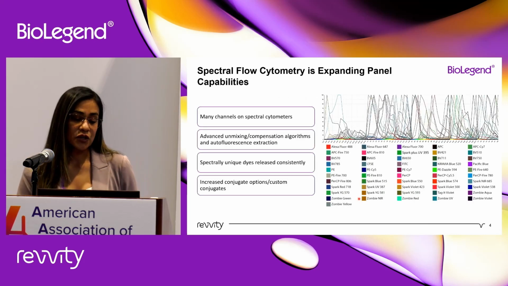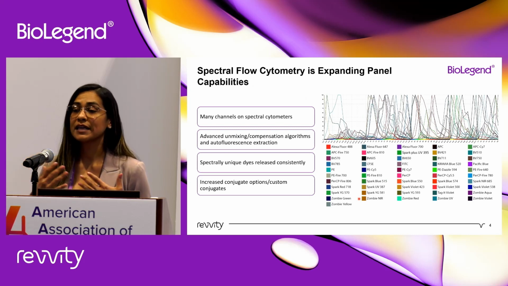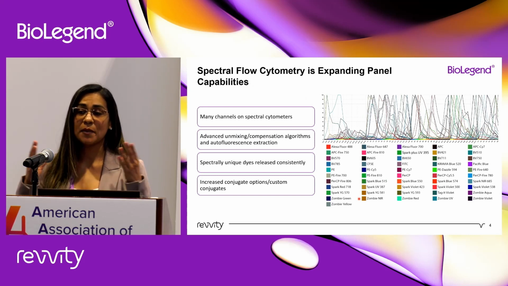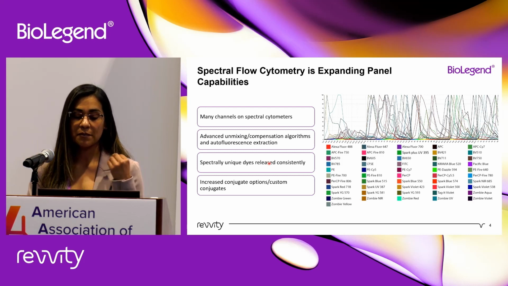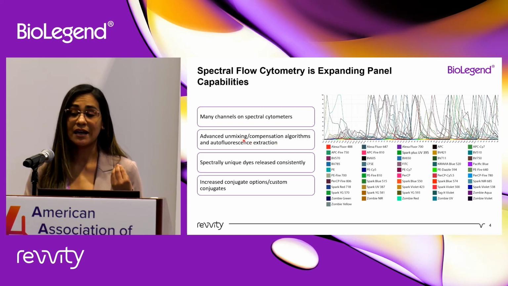Spectral cytometry is a technology that has been quickly advancing, and now we have more cytometers that come with multiple channels that allow us to expand our panels' capability. Together with the cytometers, they also come with technology that has more advanced algorithms to do unmixing and compensation, and even gives us the option to subtract autofluorescence.